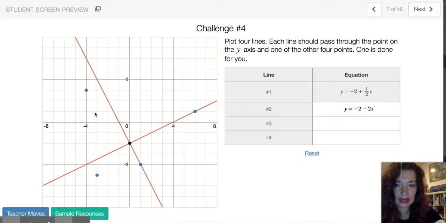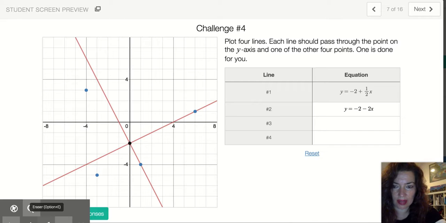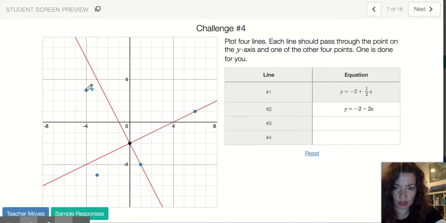Let's go ahead and look at the one on the top there. Well, we want the graph to go through that point and the y-intercept. So you just need to actually count the slope, as I mentioned in the last video, between any 2 points. So I could go 1, 2, 3, 4, 5 down, 1, 2, 3, 4 right.